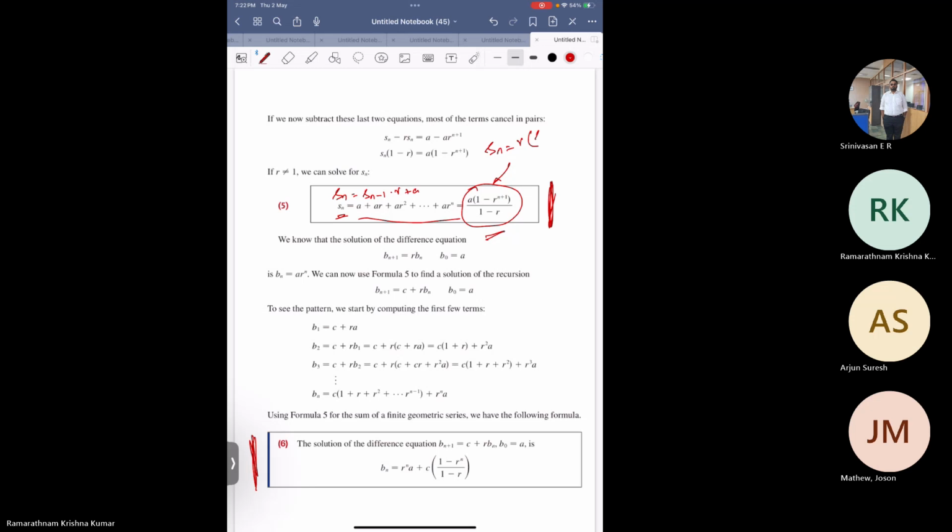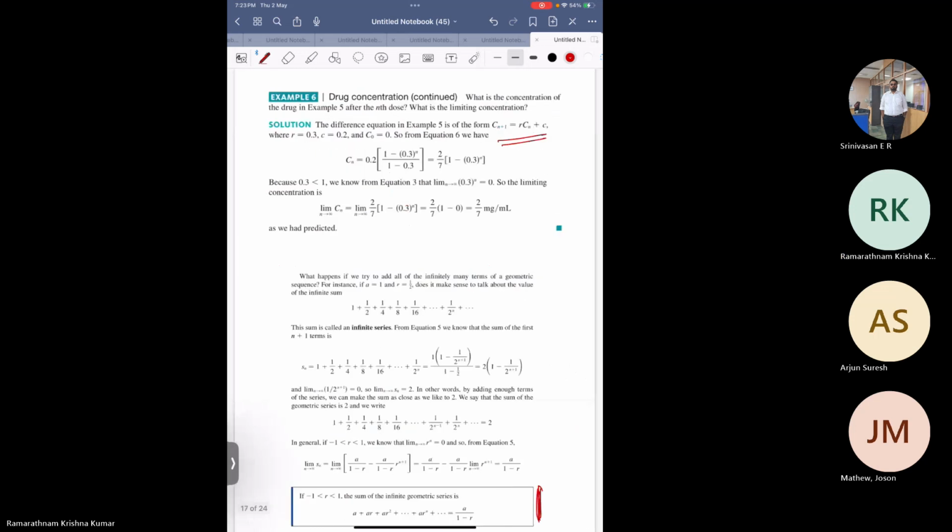R into Sn minus 2 into R plus A, then plus A. Then I keep substituting for Sn minus 2, then Sn minus 3, and so on. So I will get the complete Sn to be of that form, and if that is the form, the summing is given by this equation. Is that clear? So, in other words, if I have a form like this, then Sn can be written by this formula.